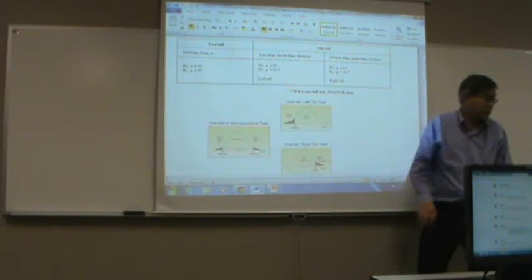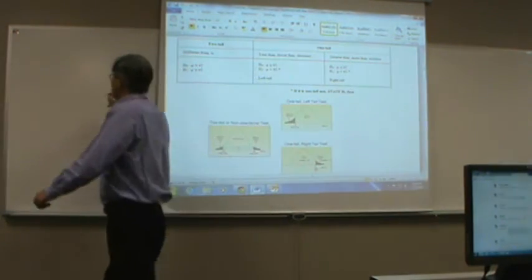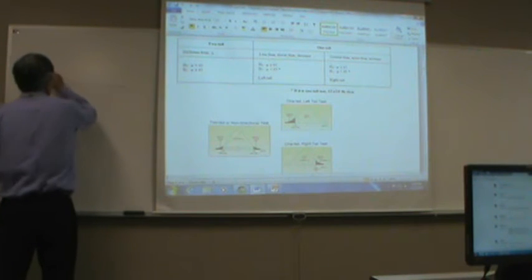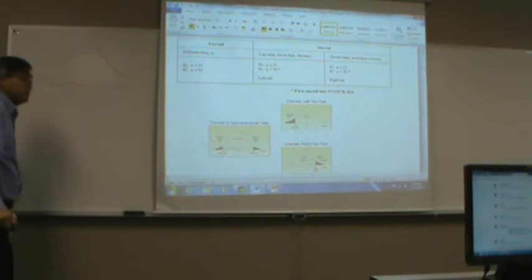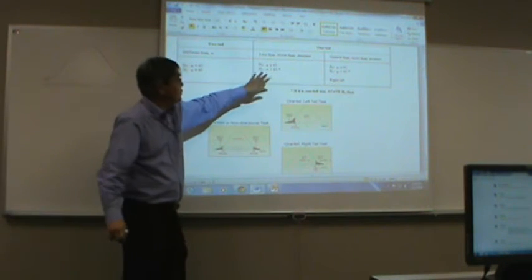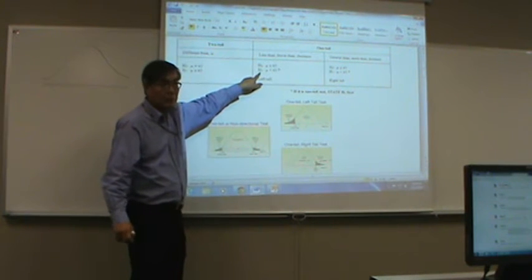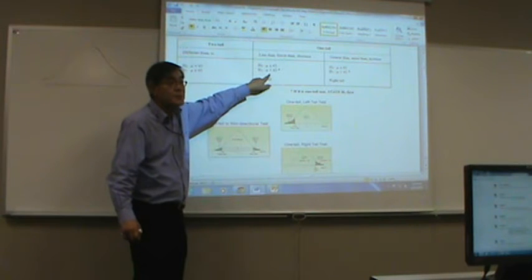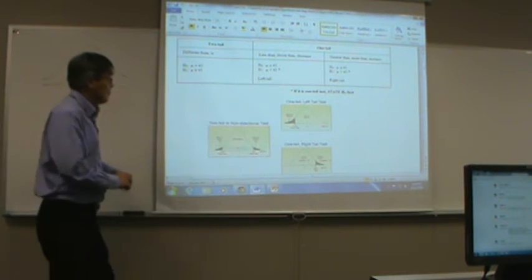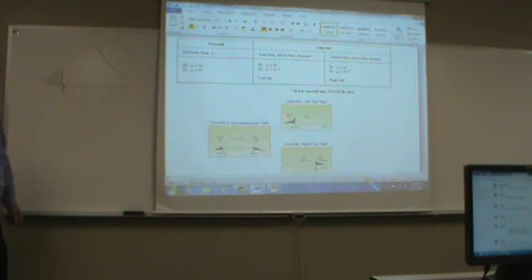From this chart, if the alternative hypothesis H1 says less than, then the rejection area is on the left side.